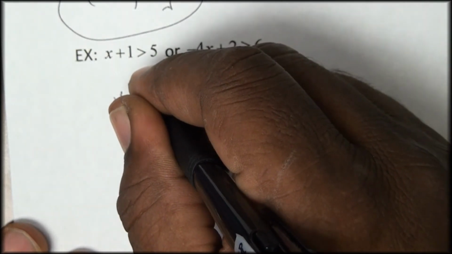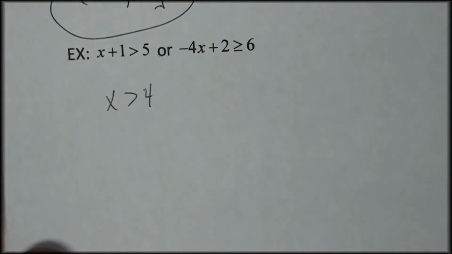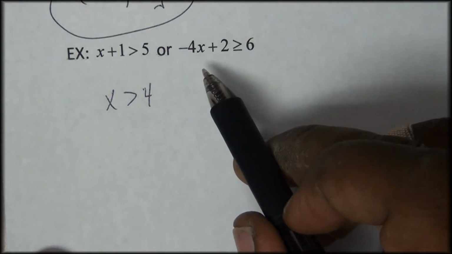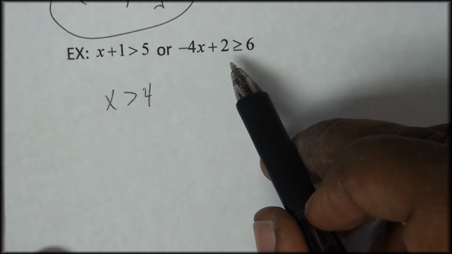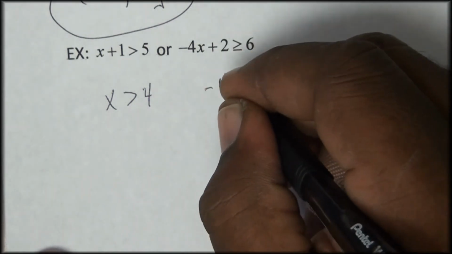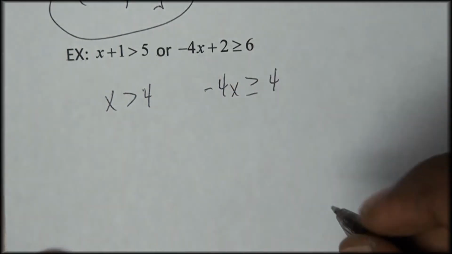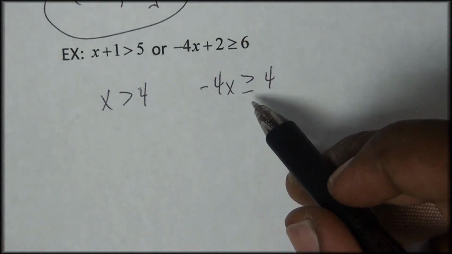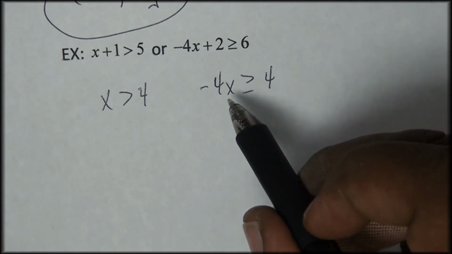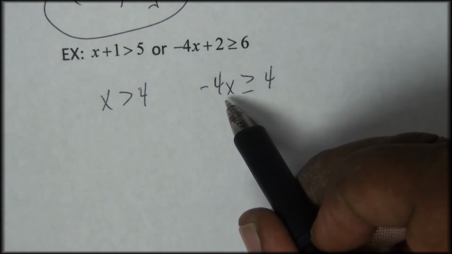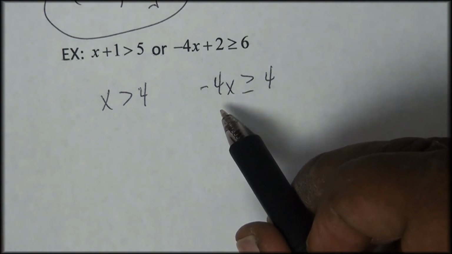So we have x is greater than 4. For our second inequality, we'll first subtract 2 from both sides. So we have negative 4x is greater than or equal to 4. Next, we'll solve for x by dividing both sides by negative 4.